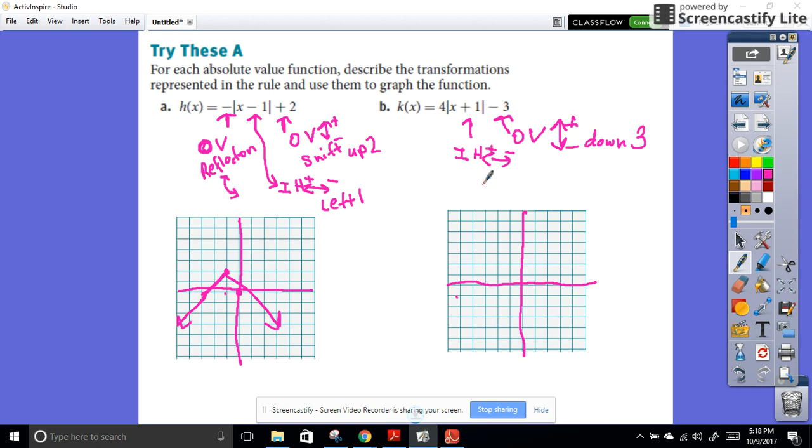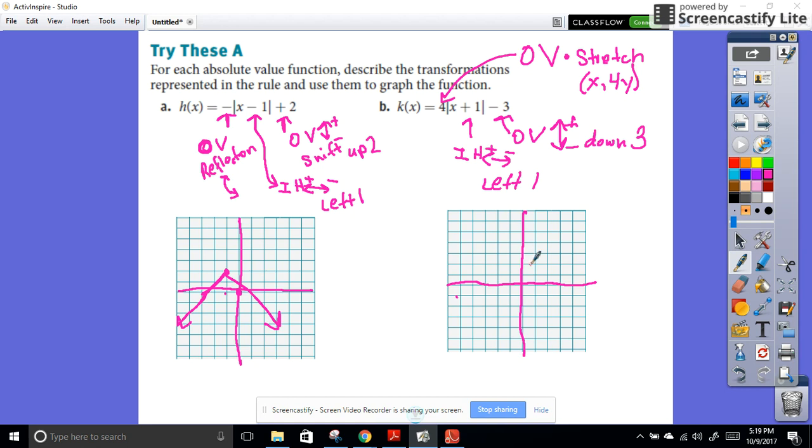It's plus 1, so it's going left 1. Outside change, so we know it's vertical. It's multiplication, so it stretches. Each one of the Y values is 4 times as big.